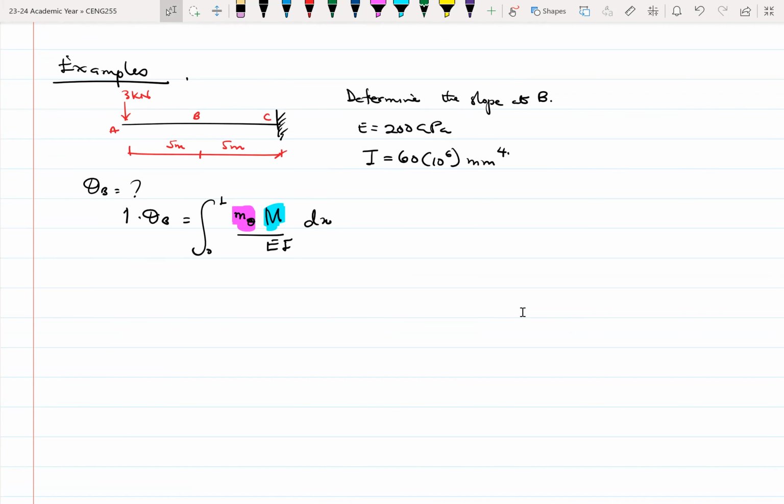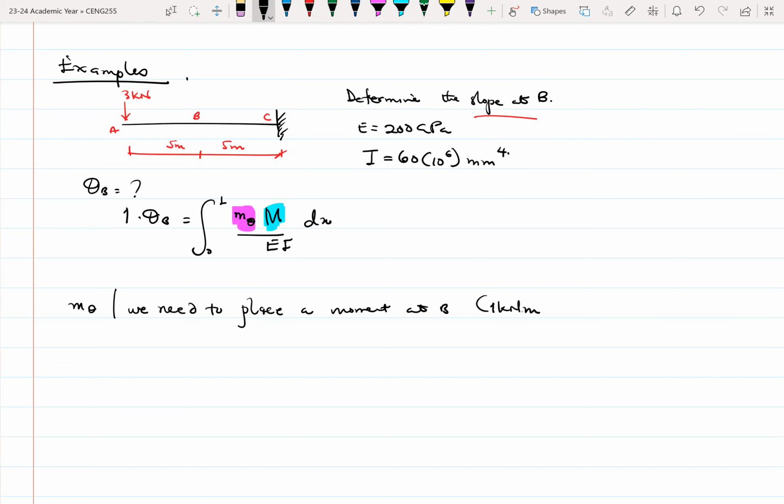So since we are finding slope at B, it means that to find small m theta, we need to place a moment at B, which is a 1 kilonewton moment.